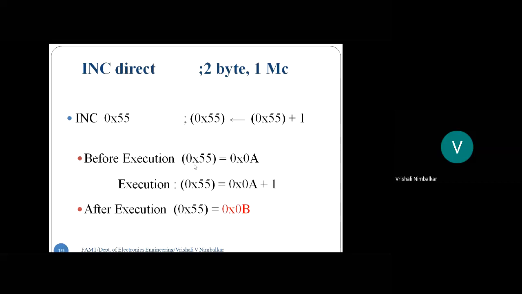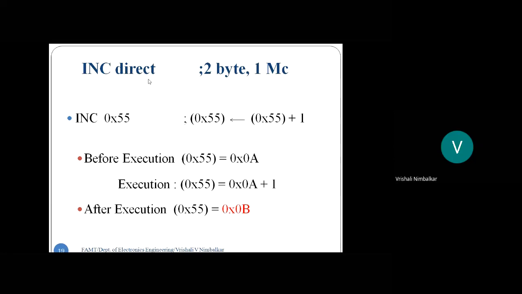Before execution, suppose the data in this memory address was A hex. 55 is an address, A is the data. So A plus 1 becomes B. So execution is to increment that data, B, and save it in the memory back. After execution, in the same memory location, I will find the incremented answer. Okay, students, 55 is an address. What does increment do? It increments the data at that address.